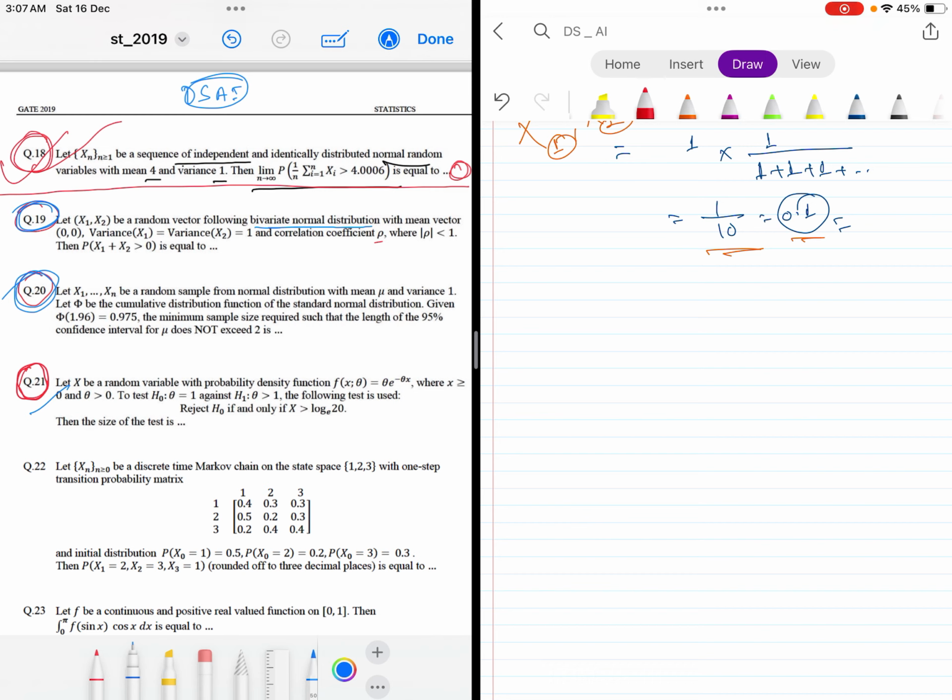So this question is based on the confidence interval, right? We are given let x1 to xn be a random sample from a normal distribution with mean mu and variance 1.